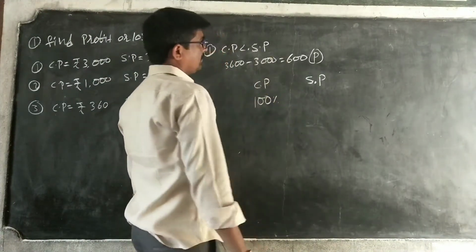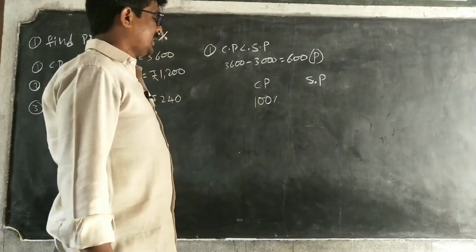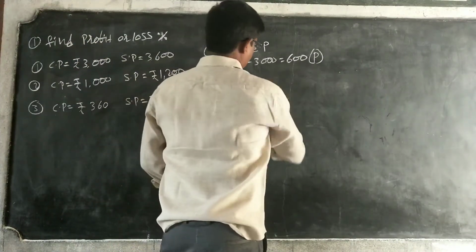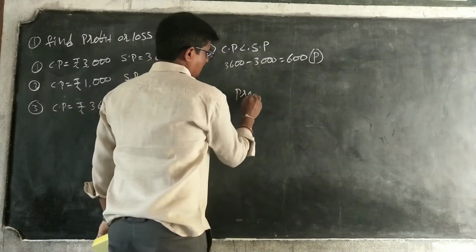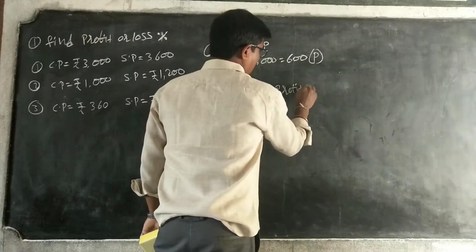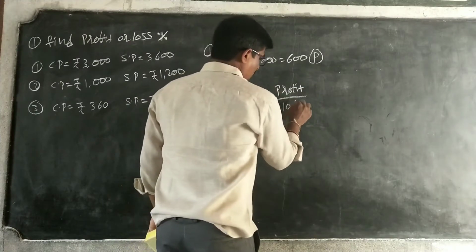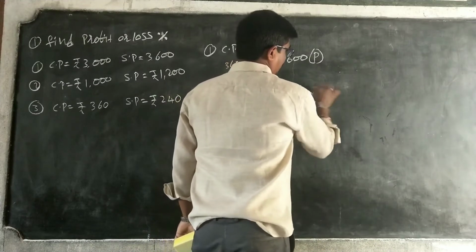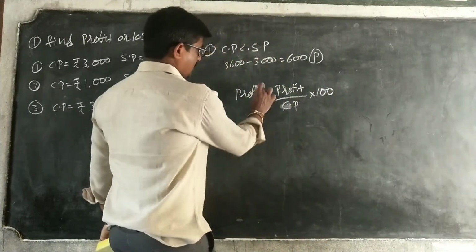Profit percentage is asked. Profit percentage is equal to profit by cost price into 100. So profit percentage I want.